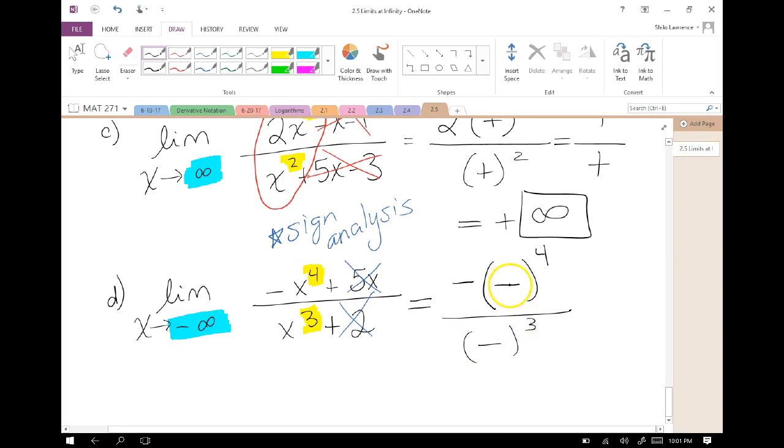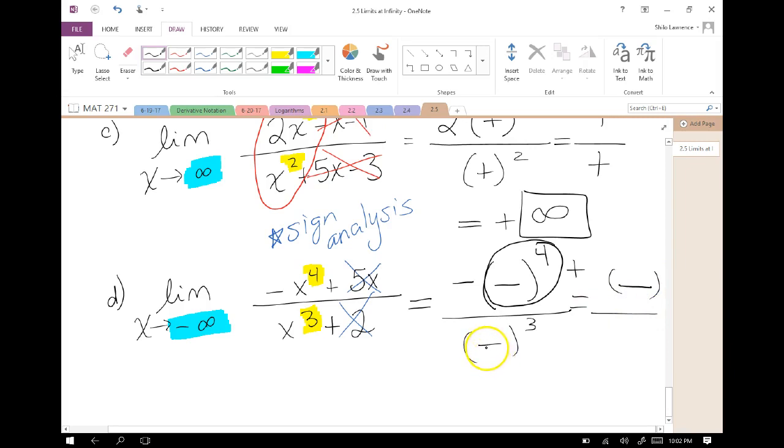If I raise some negative number to the fourth power, any negative number to an even power is going to change to a positive. This result right here is positive. And then I'm going to have a positive times a negative because of the negative in front, which is a negative. So the final result in the numerator is negative.